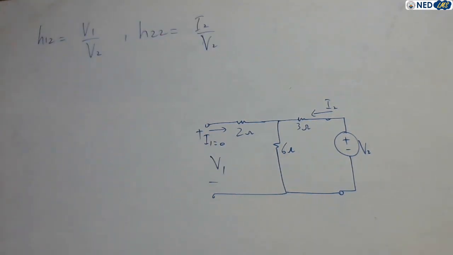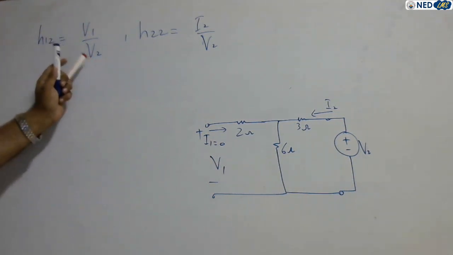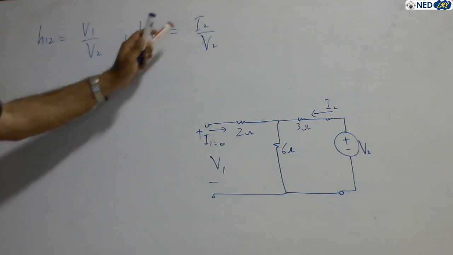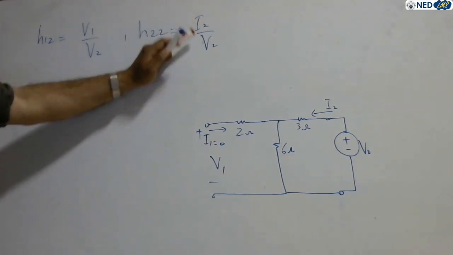Now we have to calculate the parameters H12, that is the ratio of V1 over V2, forward voltage gain, and H22, the ratio of current over voltage, that is output admittance.